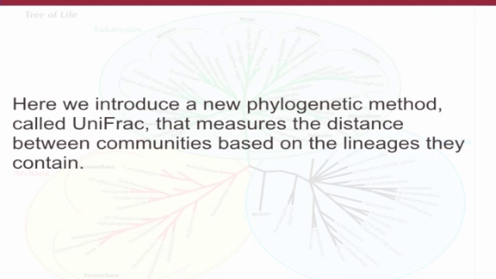So let's say you're comparing environment 1 and 2. How do you calculate the unique part? The total branch length's easy, right? That's the total branch length of everything in the tree. So it's looking at the cumulative branch lengths that are highlighted in gray.